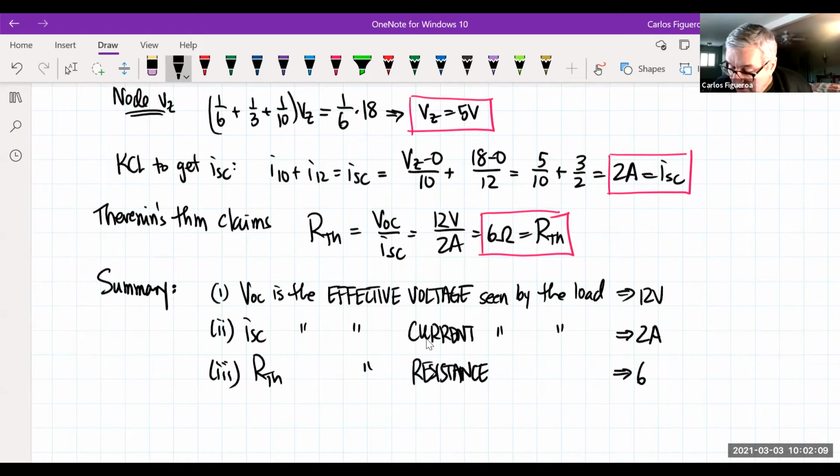In this case, we see that that is that. And you could see that all of these guys are connected. So what do we call this? VTH. What do we call this? This is the Norton current or the I short circuit. What do we call this RTH also? The Norton resistance. So language-wise, it looks like that here.